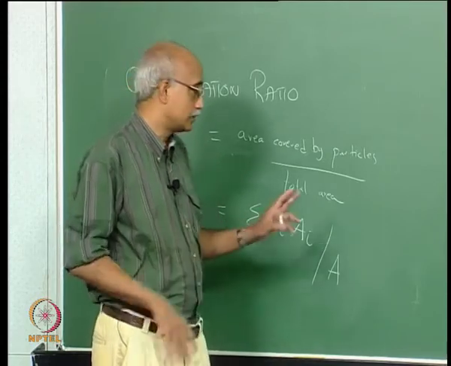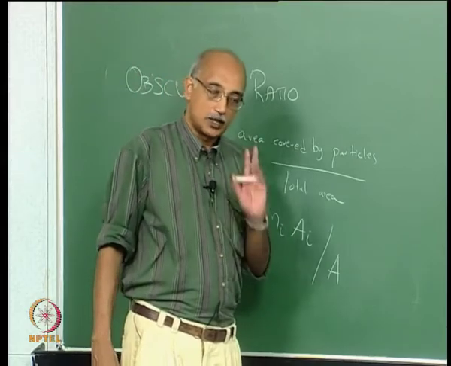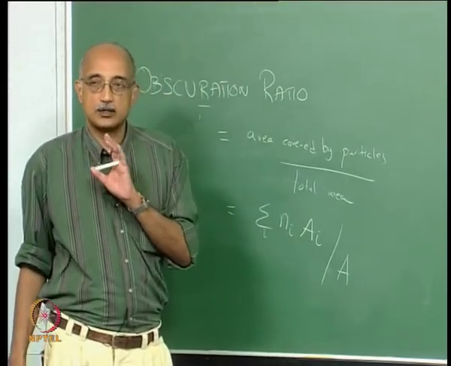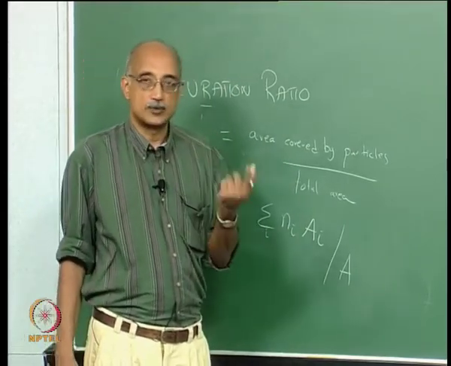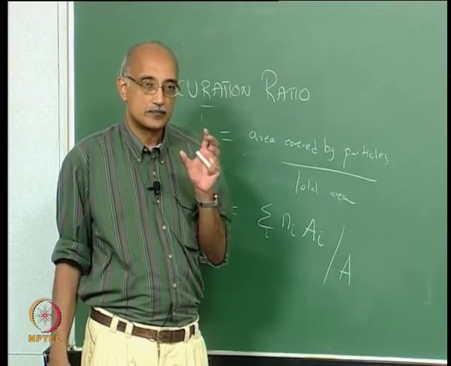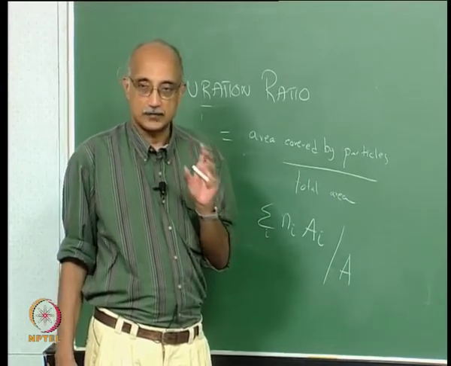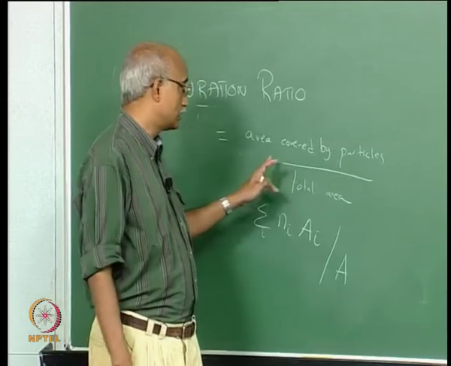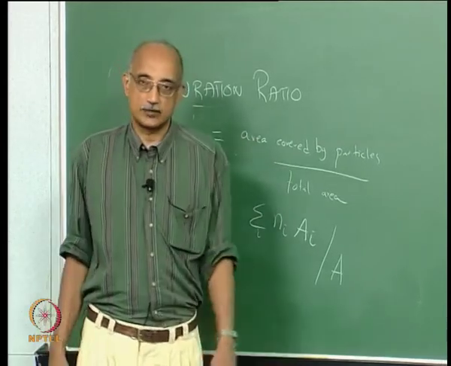So, we are constantly using particle counters and other types of monitoring devices to estimate the obscuration ratio of the critical sensing and imaging devices that are used, and they keep track of the obscuration ratio as a function of time.